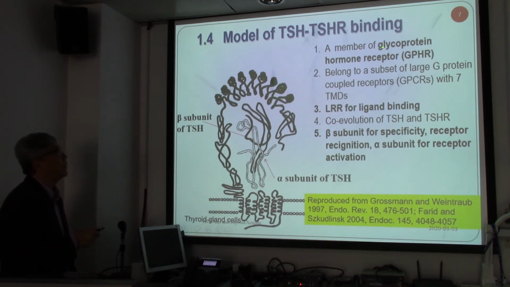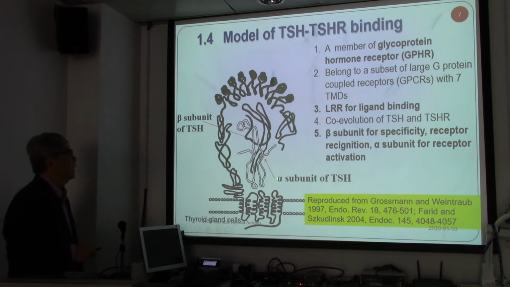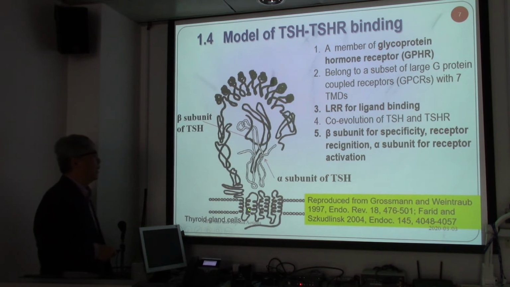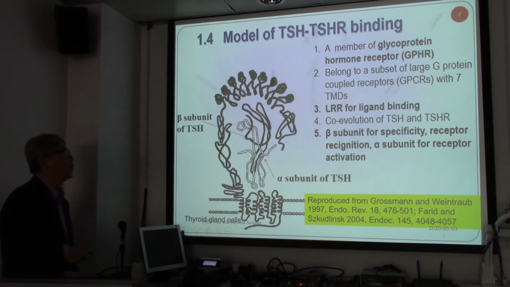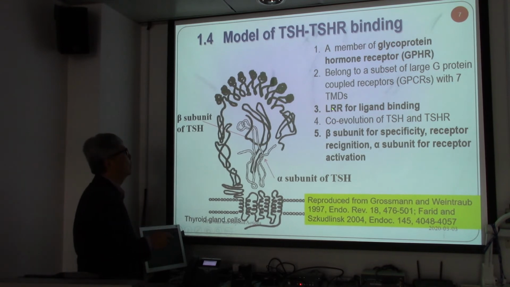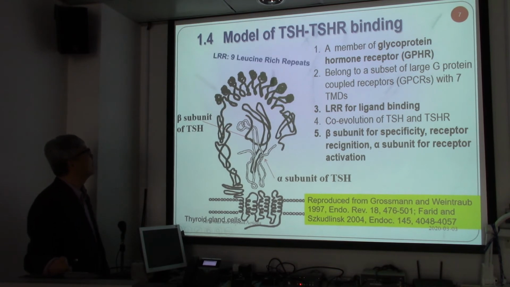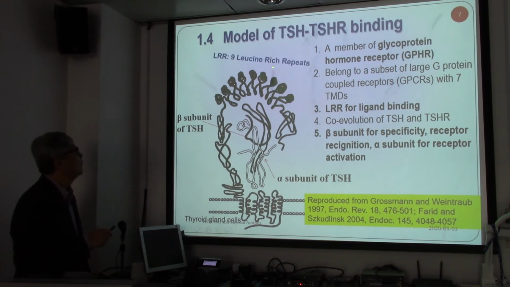It's a member of the glycoprotein hormone receptors, but this one is the largest one. It's a huge one. It's also a 7 transmembrane domain, G protein coupled receptor, and it has a very special and unique feature known as LRR for ligand binding. This is the leucine-rich repeats.